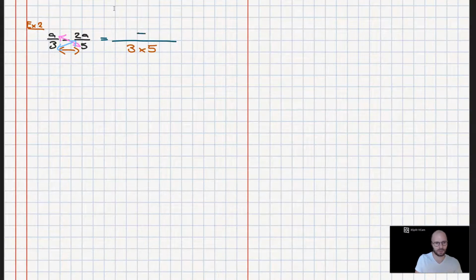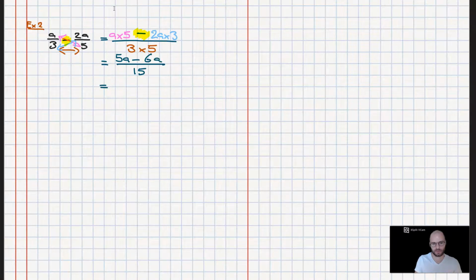We've got our minus over here. So that's our operation, minus. Then we're going to go a times 5 minus 3 times 2a, or 2a. Cleaning this up, we get 15 under, and 5a take 6a.